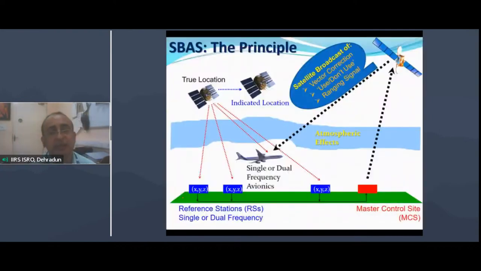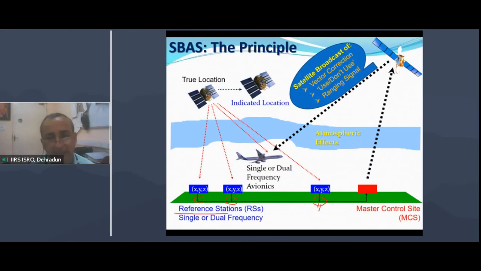You can see the principle of the satellite based augmentation system through this slide. You can see what is happening here. There are referencing stations, like those in India, which are continuously receiving data from the navigation satellites. We know the actual coordinates of these points, and they are also doing observations every 1 second or every half a second.